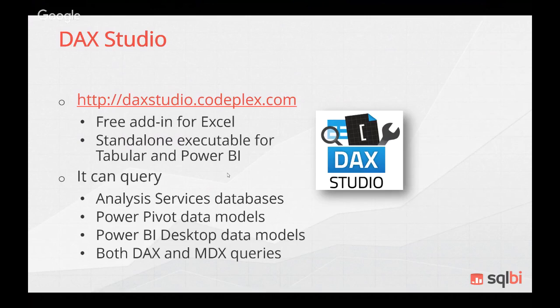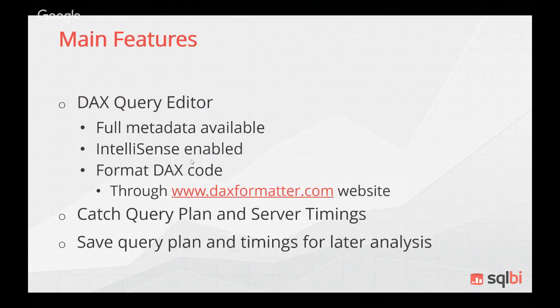It's an open source project, so the entire source code is available, and you can also participate in the development team. If you know C#, this tool is written entirely in C#. So DAX Studio has a query editor that is also integrated with the DAX Formatter service and shows information about the query plan and the server timings.